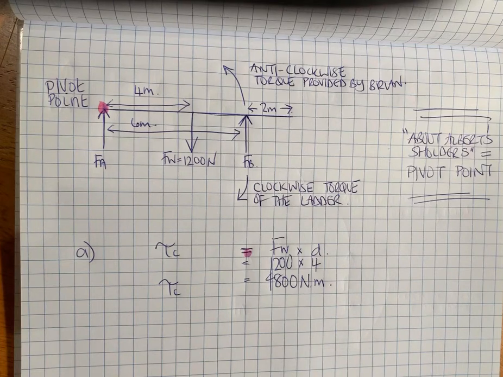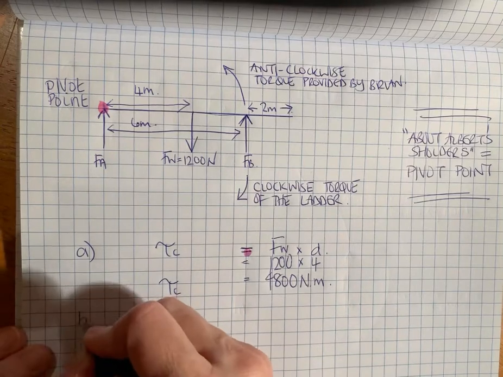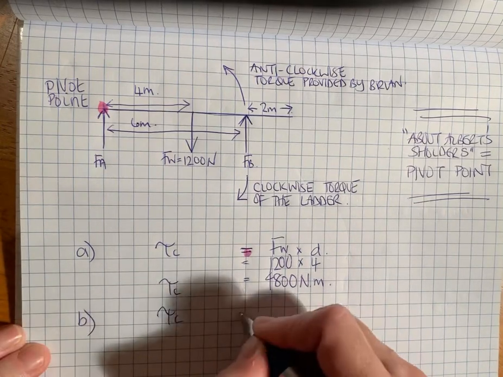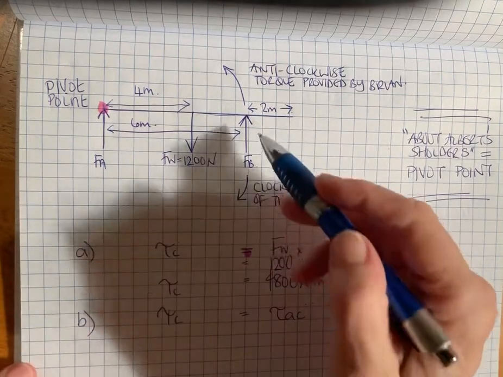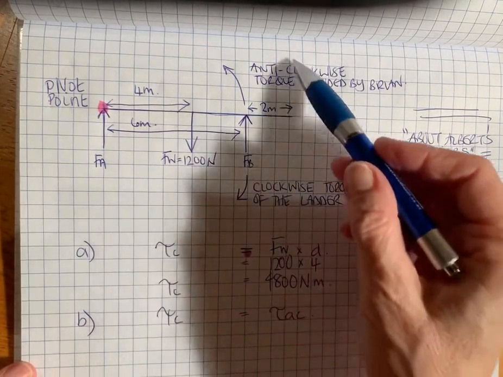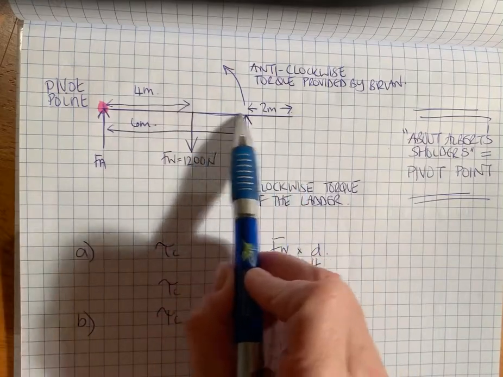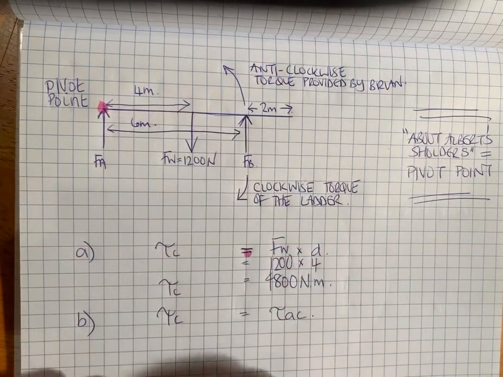Then part B says, by taking torques about Albert's shoulder, find the force that Brian exerts upward on the ladder. So this is where we need to make the clockwise torque equal the anti-clockwise torque. So this torque coming around here has to equal that one to keep the ladder in the horizontal position.